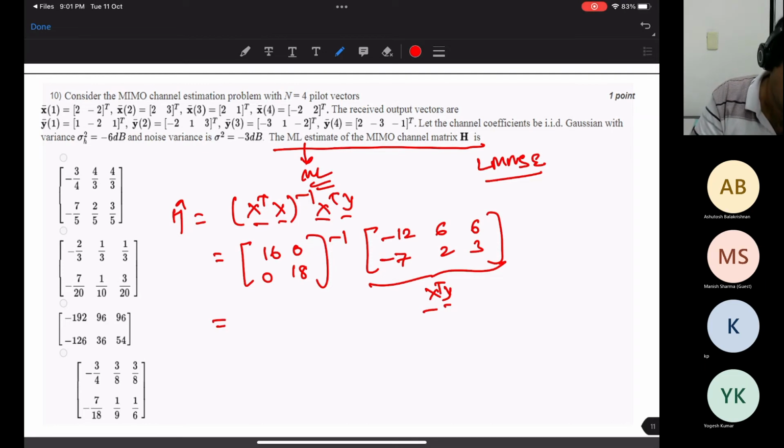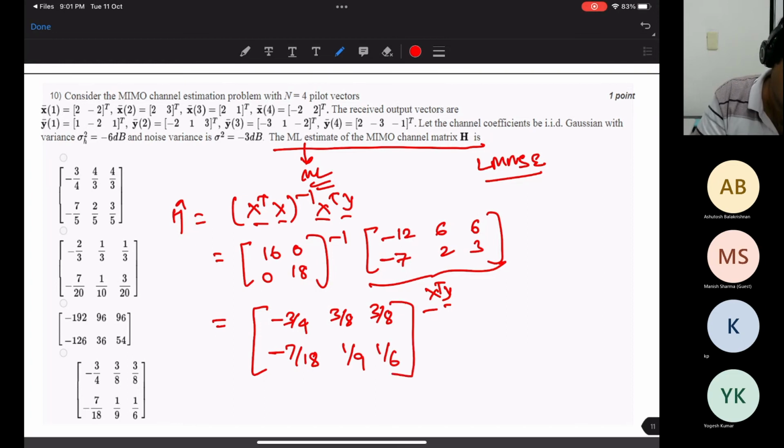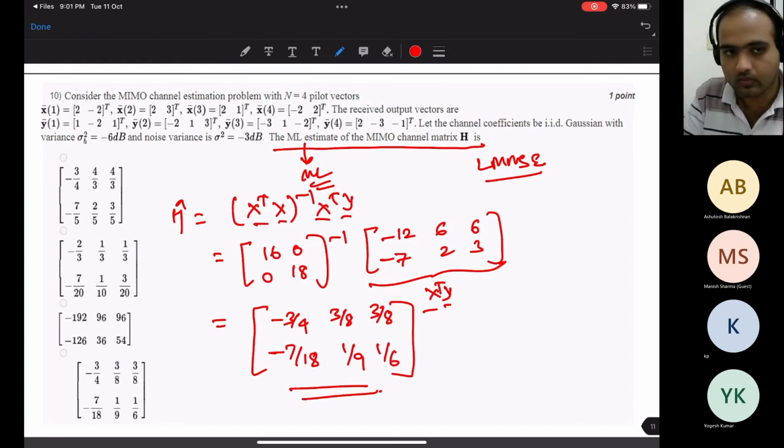If you solve this, you get -3/4, 3/8, 3/8, -7/18, 1/9, 1/6. So this is what you have. This is option D.